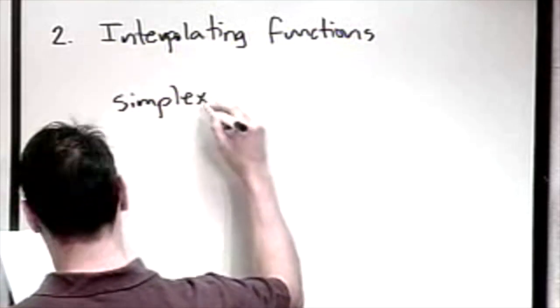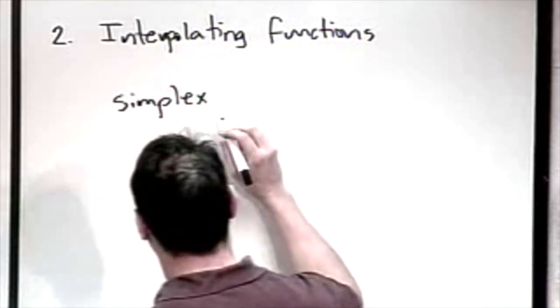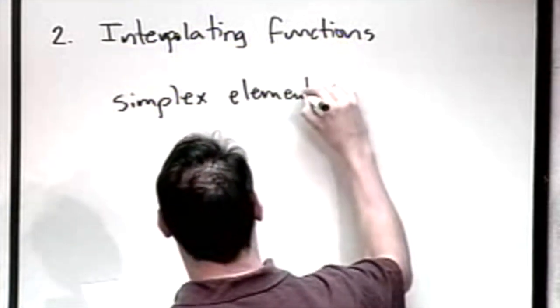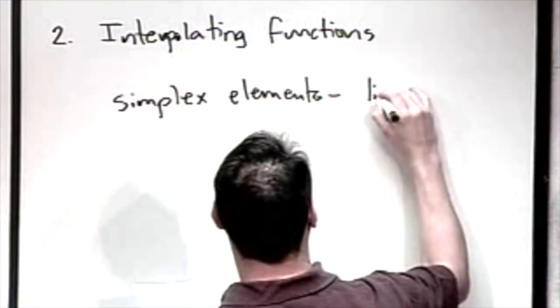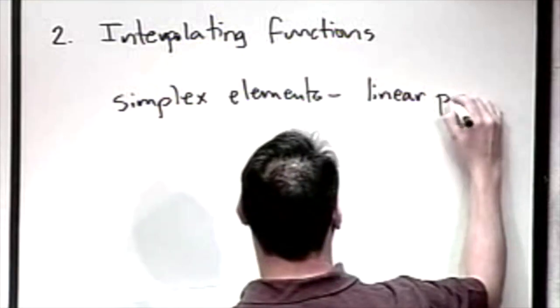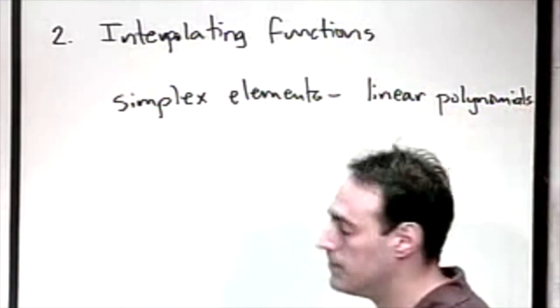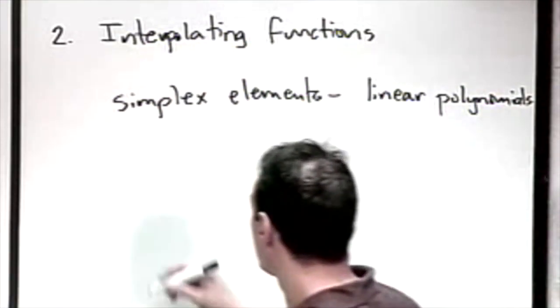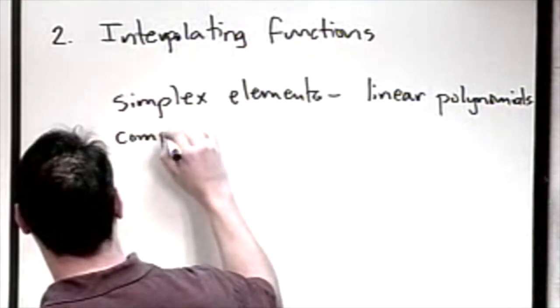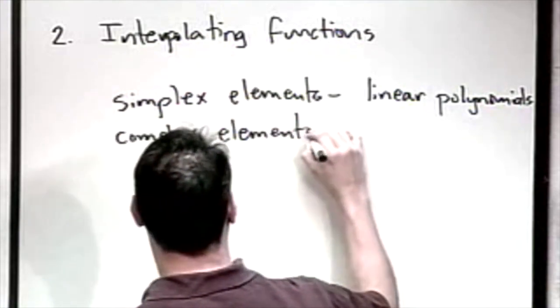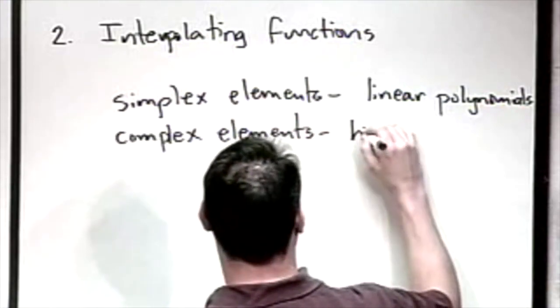Some different ways to interpolate between the points. Basic finite element schemes. There's simplex elements, and for those we use linear polynomials. Complex elements. Here you use higher order polynomials.